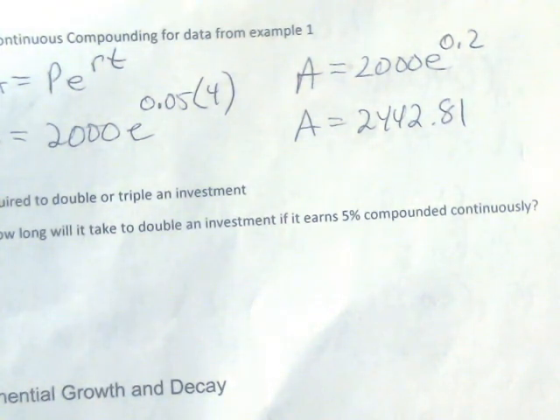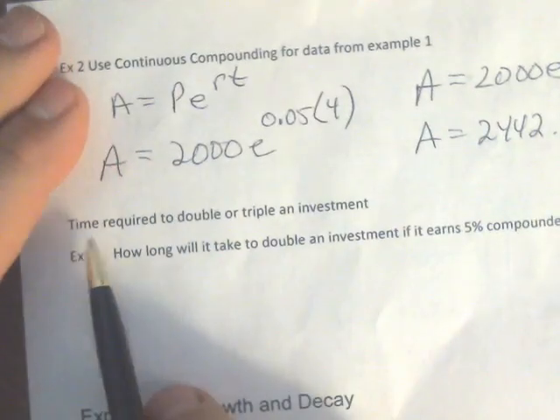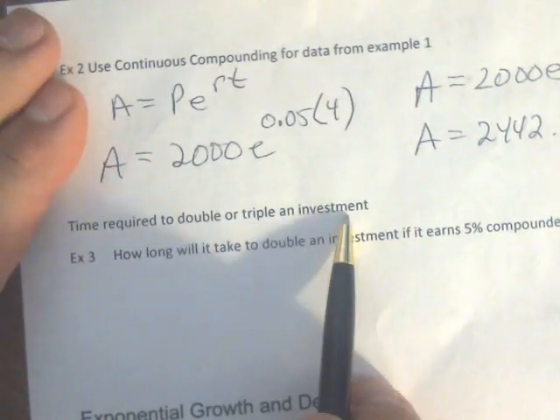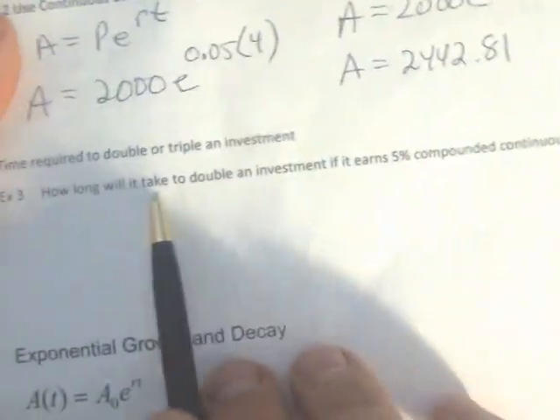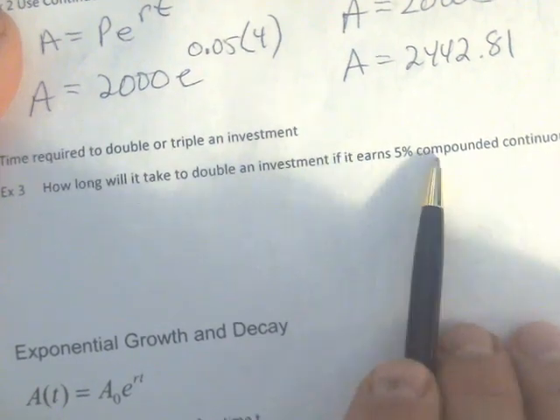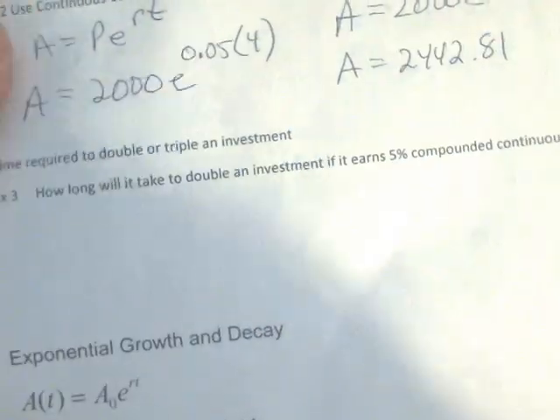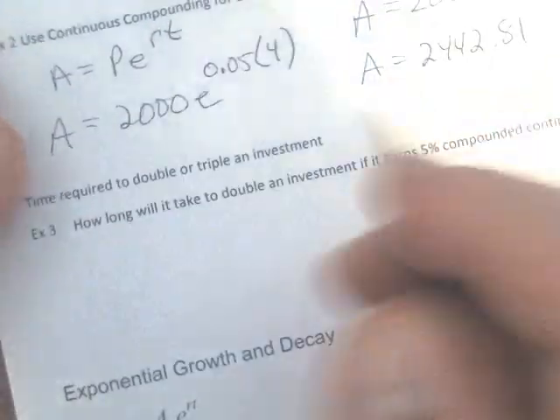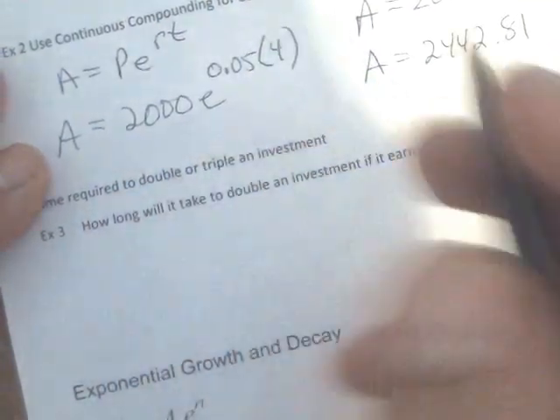So that's finding certain amounts in your account in your investments when you're done. The other issue we can look at is time required to double or triple an investment. So if we want to double an investment, if it earns 5% compounded continuously, say we wanted to double the 2,000.